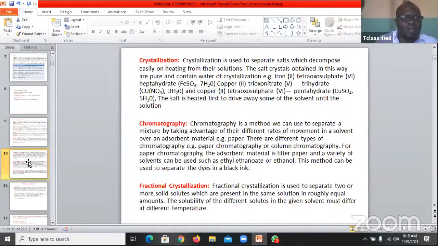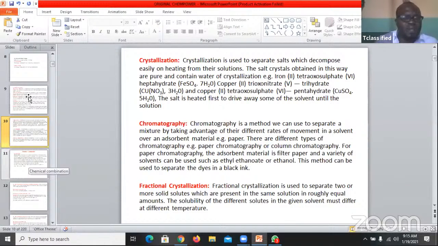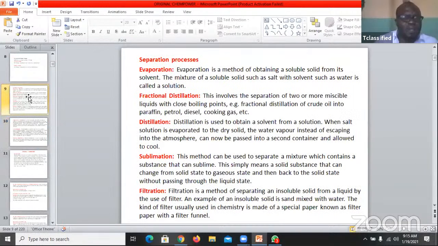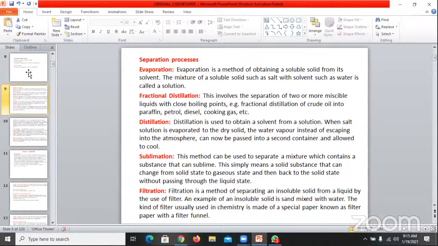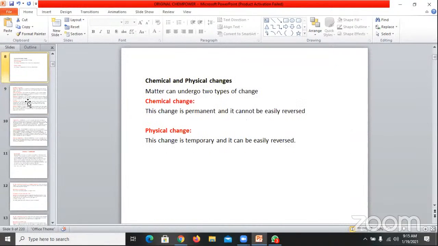You should be able to understand how this works, because in your exam, you're going to be asked, which process can you use in separating a mixture of so-and-so? You need to understand what these processes are and how they can be used in separation. So do we continue? Yes, sir.